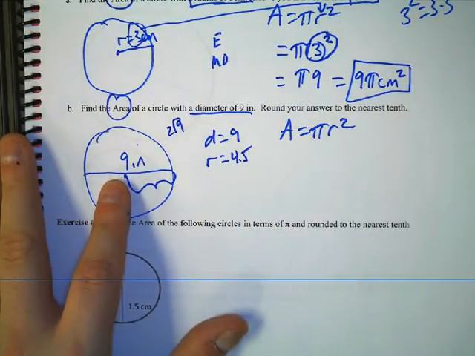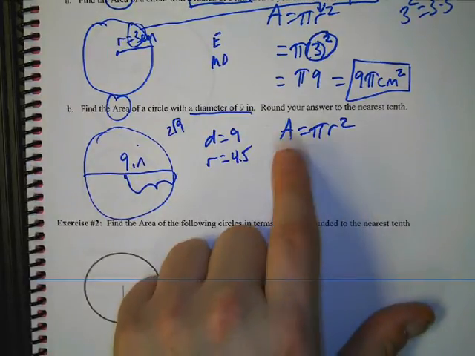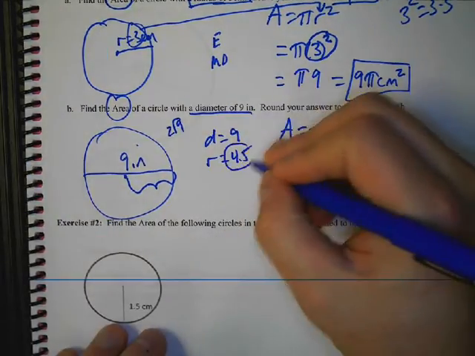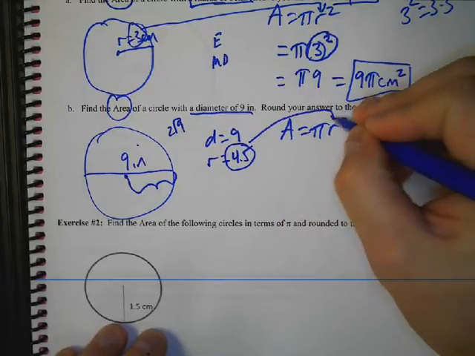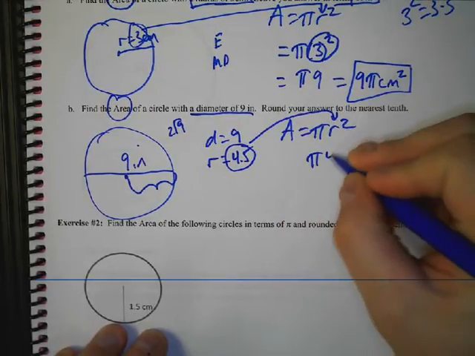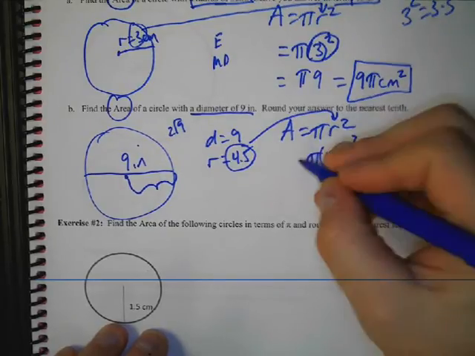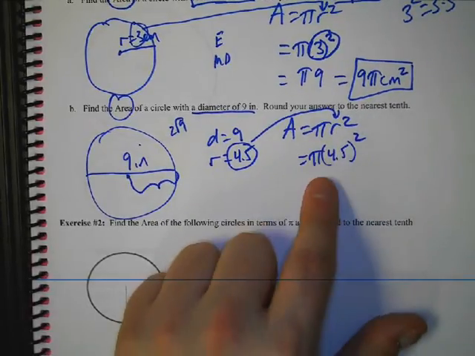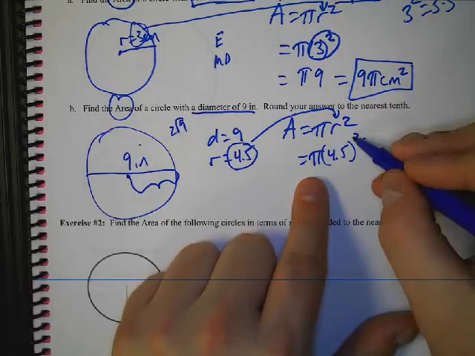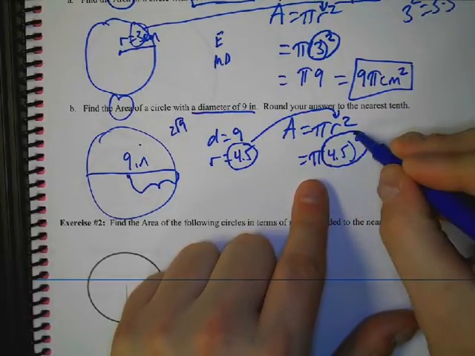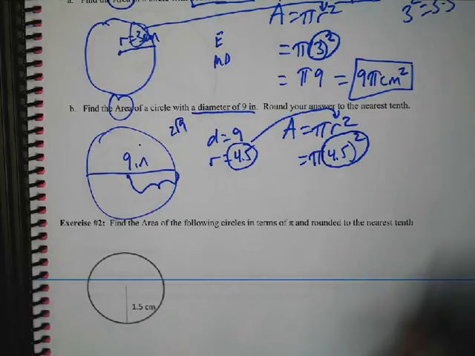Because in order to use the area formula, we need the radius. So now you take the 4.5 that goes in place of r. So we have pi times 4.5 squared. Okay. So for right now, we're going to leave the pi alone, and we're going to square the 4.5. Now, you can use a calculator for this. So now the next question is going to be, where is the squared button on the calculator?